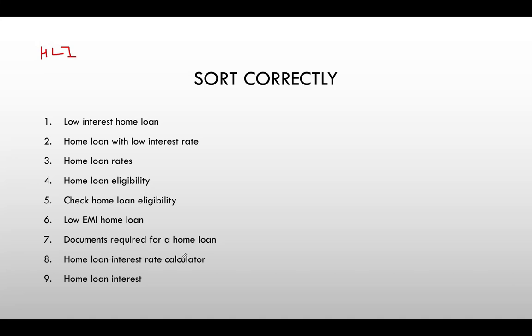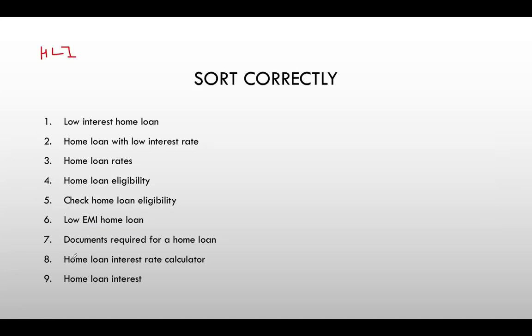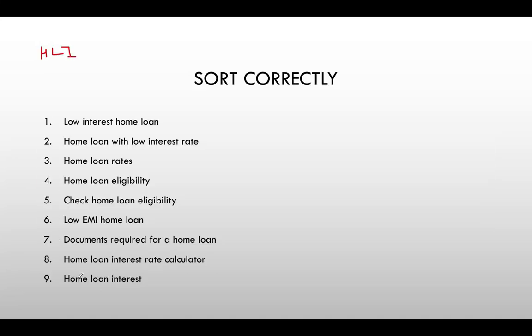Home loan interest rate calculator. Now here you will find home loan and interest, home loan interest, all three words in the same sequence. So this falls under your phrase match category. This keyword will get triggered when the user searches home loan interest rate calculator, and it will also get triggered when the user searches home loan interest.